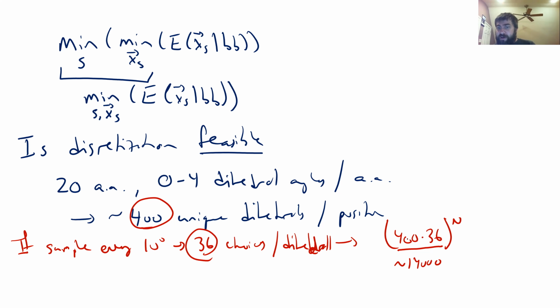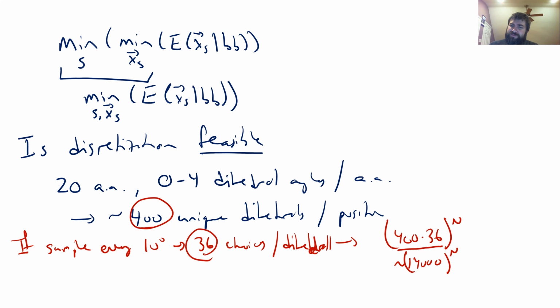And 14,000 to the n, where n is maybe 50 or 100, is a really, really, really big number, right? If we have to sample every 1 degree, that increases that by 10 to the nth, because we have that much more sampling.